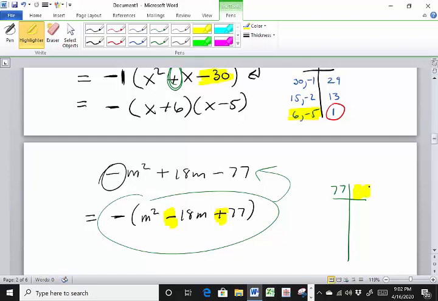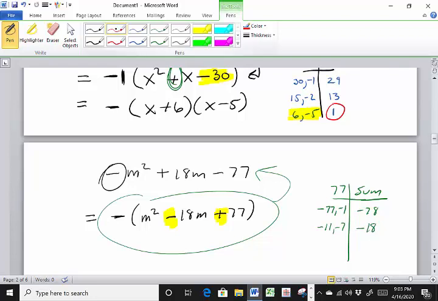All right? So, write this down here. Sum. Okay, so we could put negative 77, negative 1. That's negative 78. That doesn't work. Negative 11, negative 7. That's negative 18. Oh, there we go.